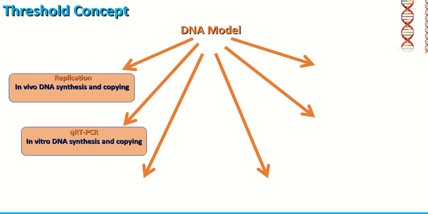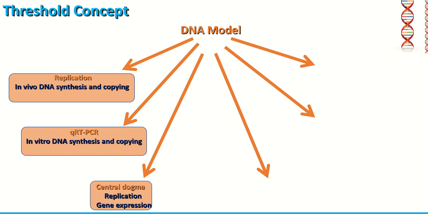Again, another topic that is crucially based on a full understanding of the DNA model is a technique used to analyze DNA molecules, quantitative real-time PCR, or PCR itself, or digital PCR. It's in vitro DNA synthesis and copying.